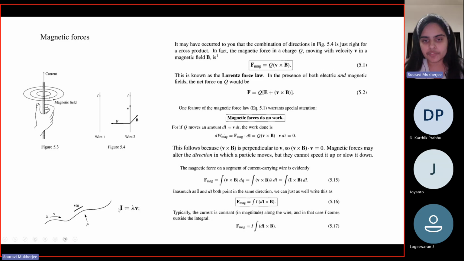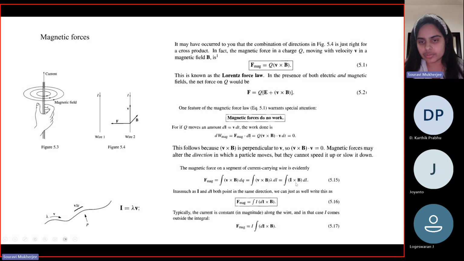So if you have a current carrying wire and some magnetic field, you want to see what is the force on this wire. How do you do it? In this case, your charge will be given as lambda into dl, right?